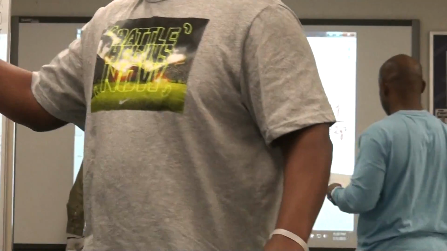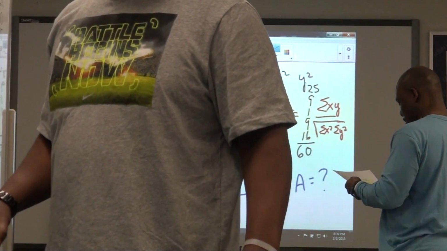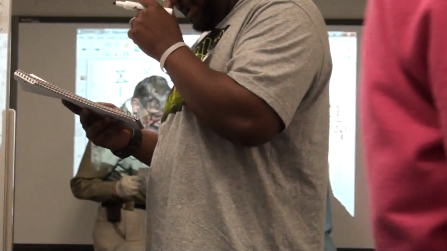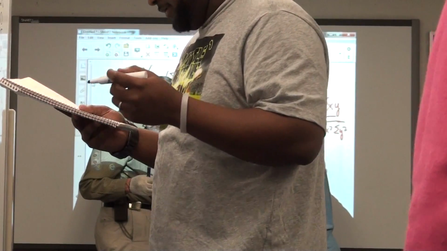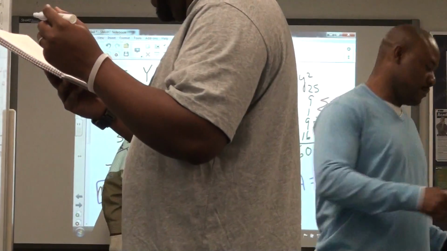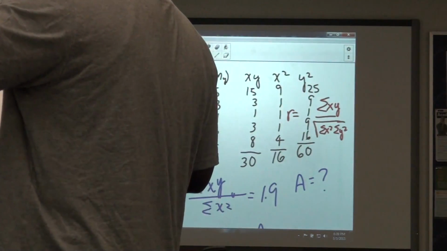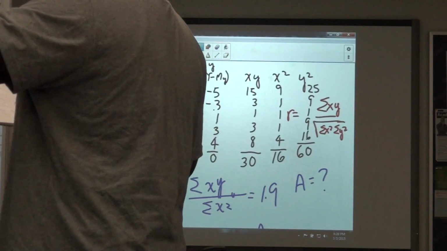You don't have to use that formula. This is small x. So you don't have to find B? That's your slope. That's a big X. That's right.